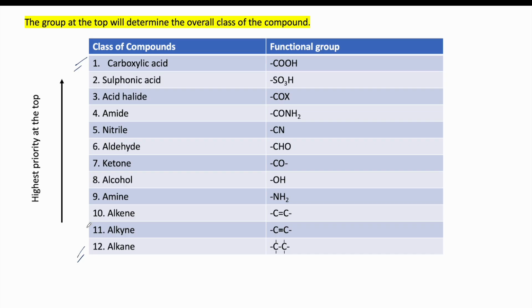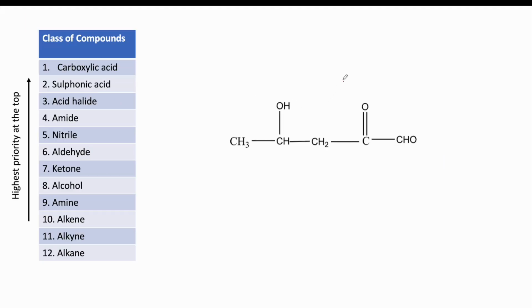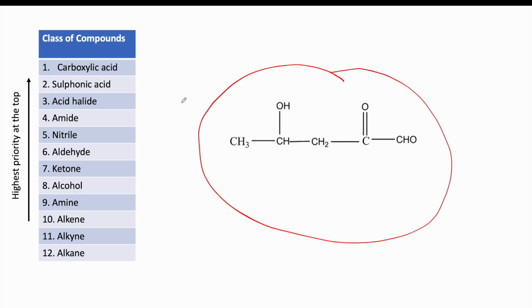Now, to understand this better, we can see an example. Now we have our first example over here. If we look at this compound, we have 3 functional groups in total. We have this aldehyde group, which is the CHO group.